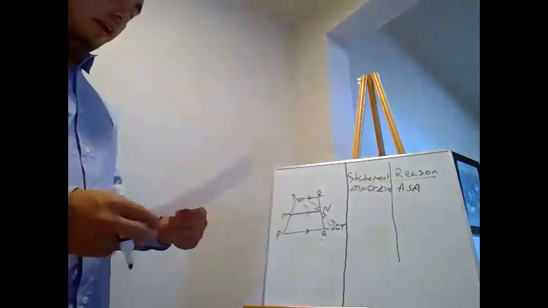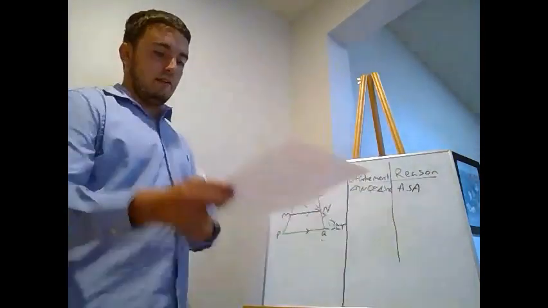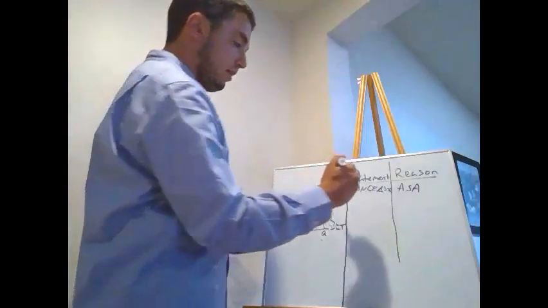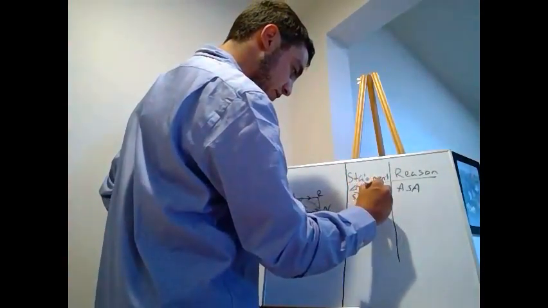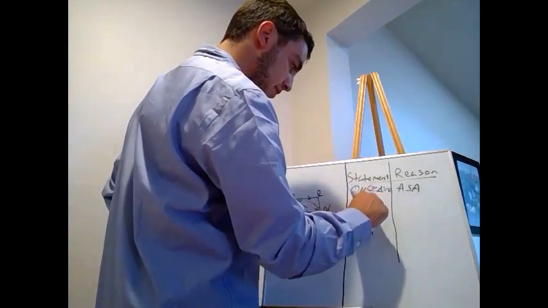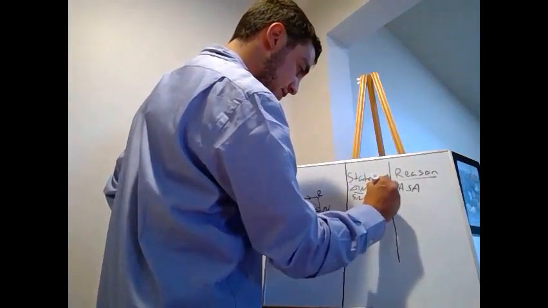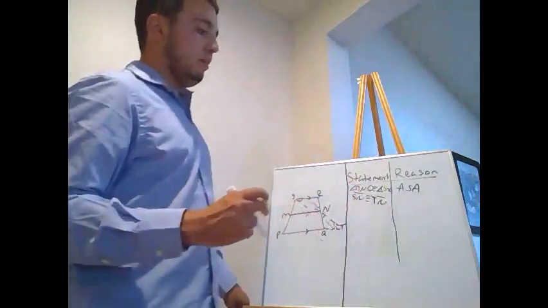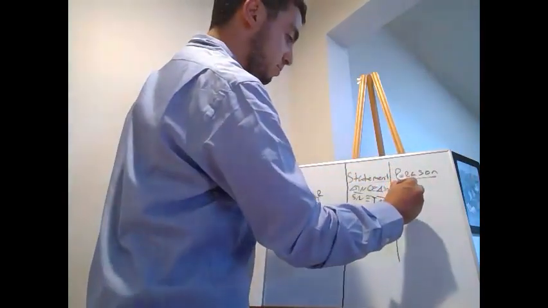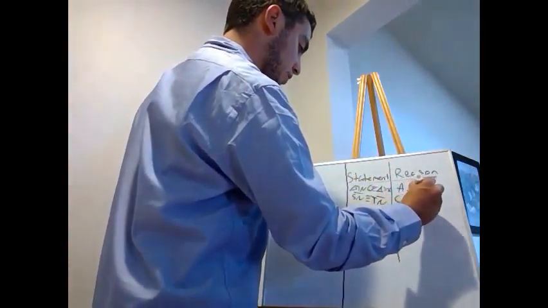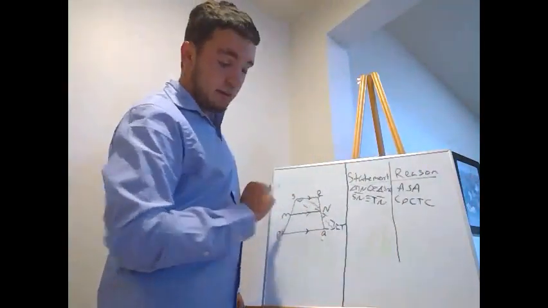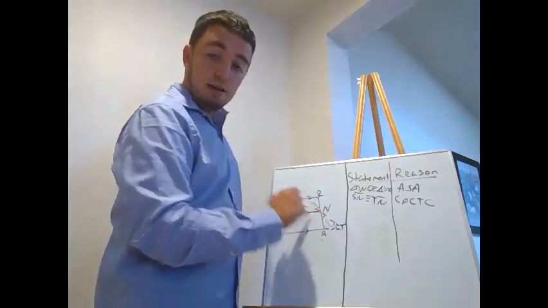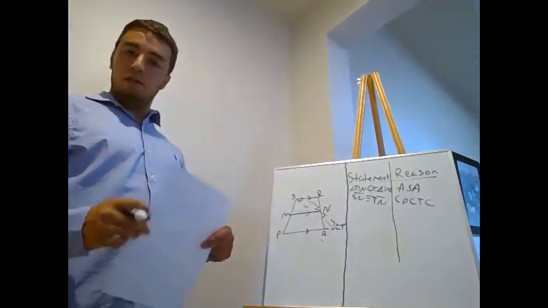Now, our second step after that is we can say that SN is congruent to TN. Why? Because we can say corresponding parts of congruent triangles are congruent. So in our two triangles, SN corresponds to TN in the other triangle.